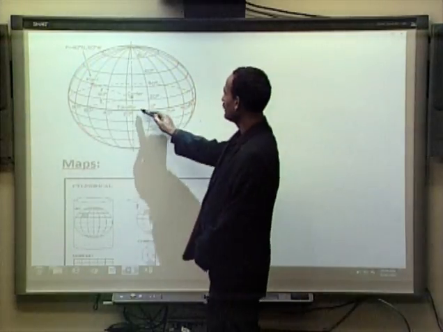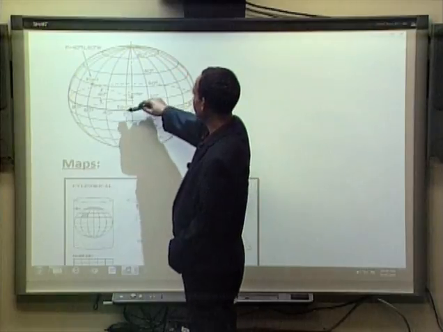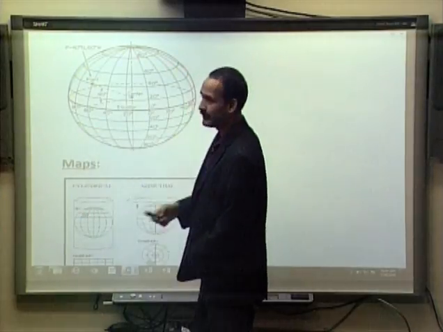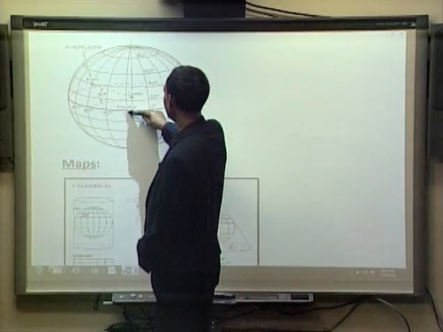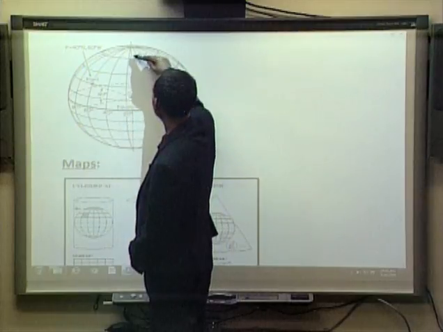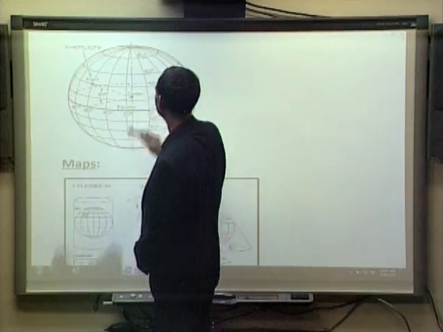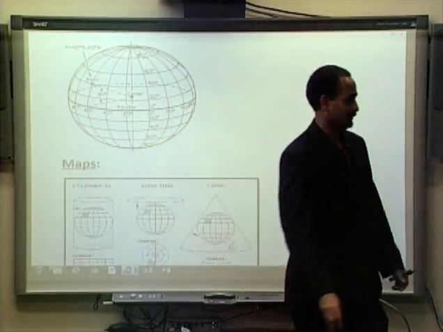Here is the equator of the sphere. Here is the center of the sphere. We name latitude and longitude by degrees. So 20 degrees from the equator, and here is 40 degrees from the equator, and there is 60 degrees, 80 degrees, and so on. The same thing goes for longitude as well.